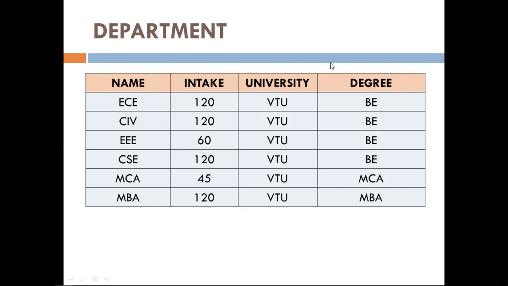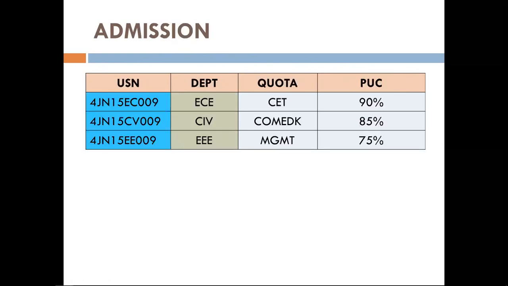This gives the information about the table, so it is called metadata. Similarly, the admission table has four attributes, where USN attribute values will be linked to the student table, whereas the department values will be linked to the department table.